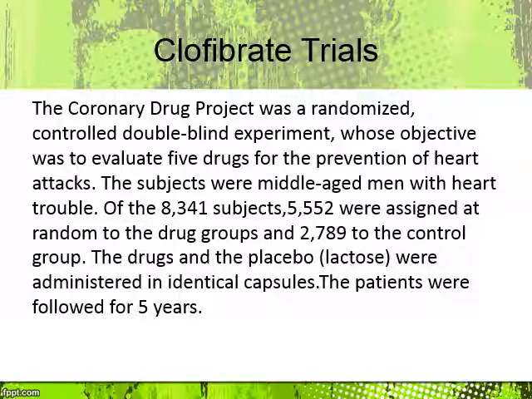Heart attacks were a major cause of death, and many experimental drugs were tried in a controlled, randomized, double-blind experiment, which was carried out over 5 years to see if they would reduce the heart attack levels. There were 8,000 subjects, and 5,000 were assigned to various drug groups, and 2,789 to the control group.